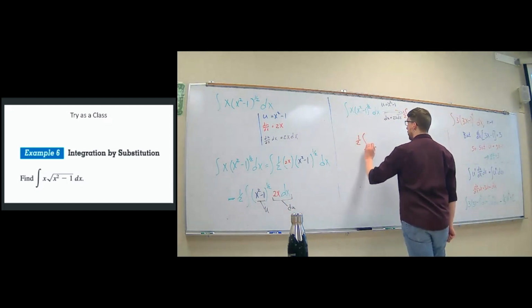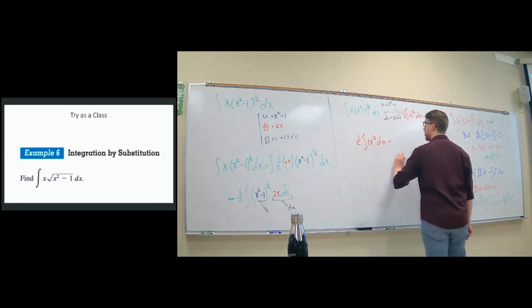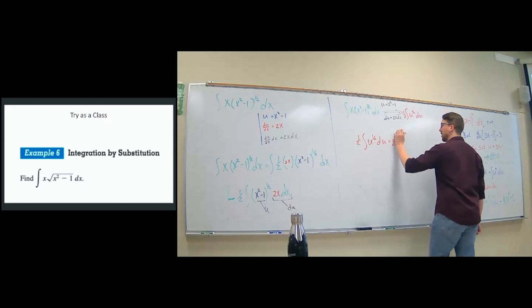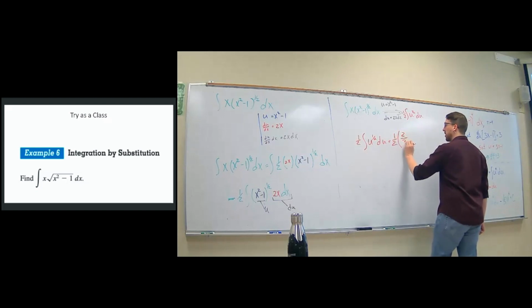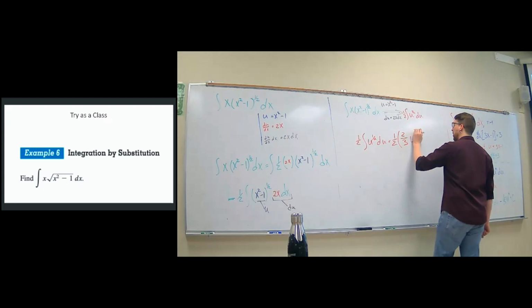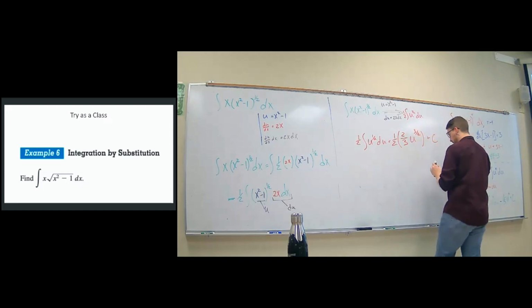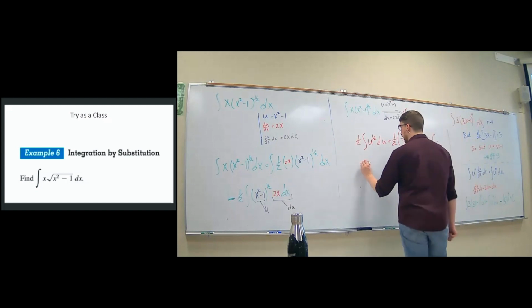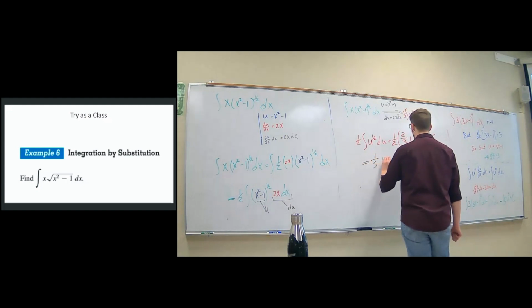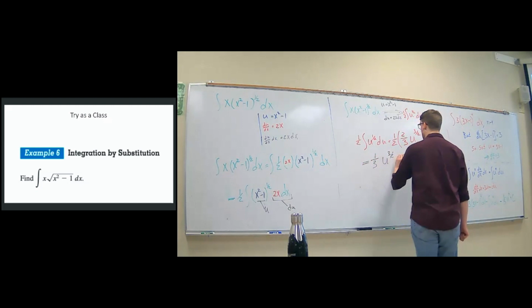1/2 the integral of u to the 1/2 du is equal to 1/2 times 2/3 u to the 3/2 plus a constant. So this comes out to be 1/3 u to the 3/2 plus c.